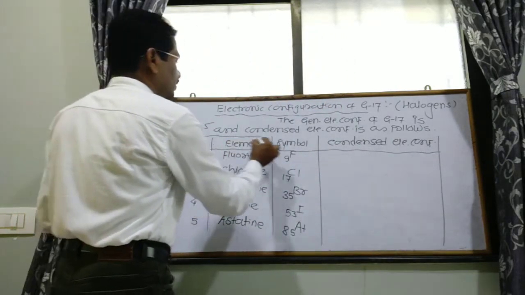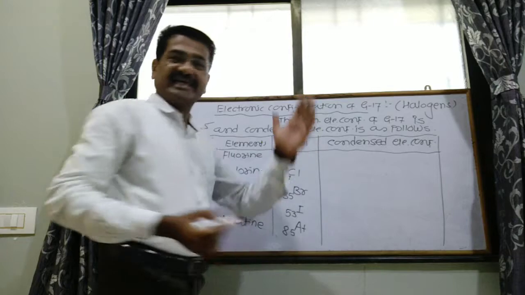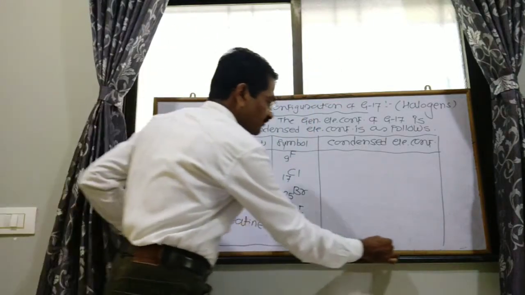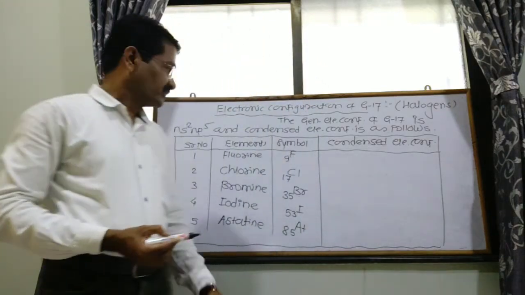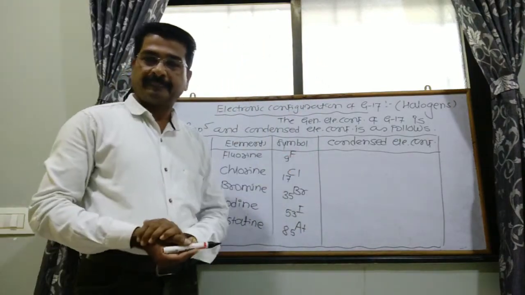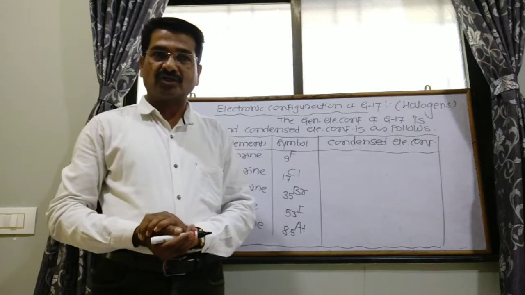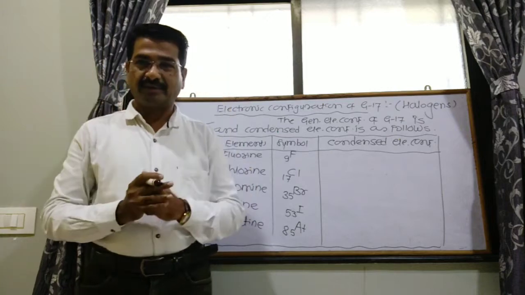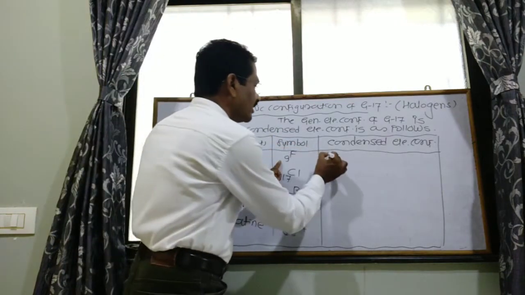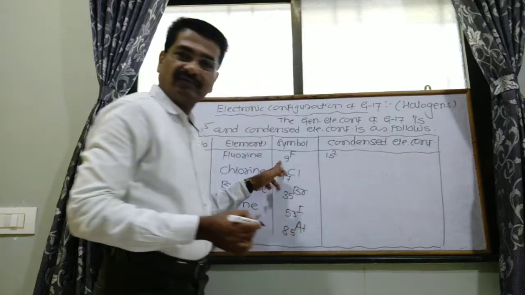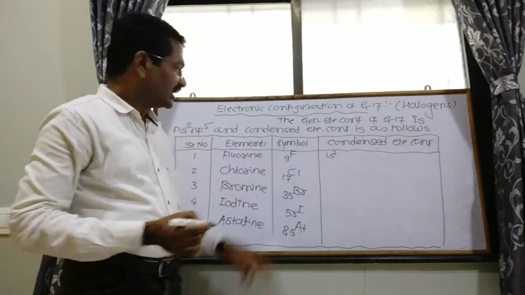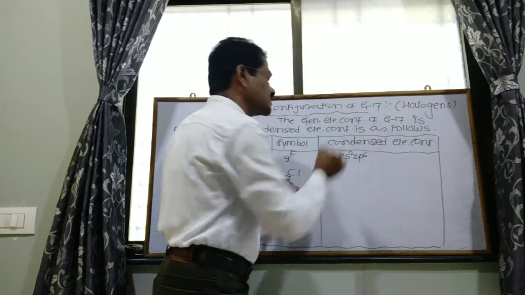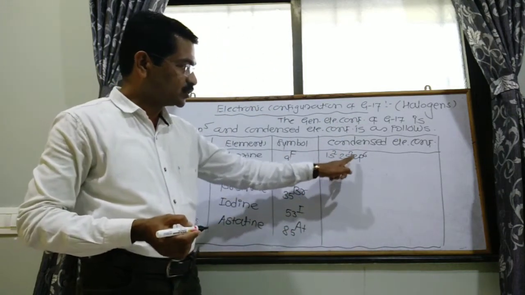Then see the electronic configuration of each element individually, that is the condensed electronic configuration. First, fluorine, containing 9 electrons. The actual electronic configuration according to the Aufbau principle is 1s2, 2s2, 2p6.